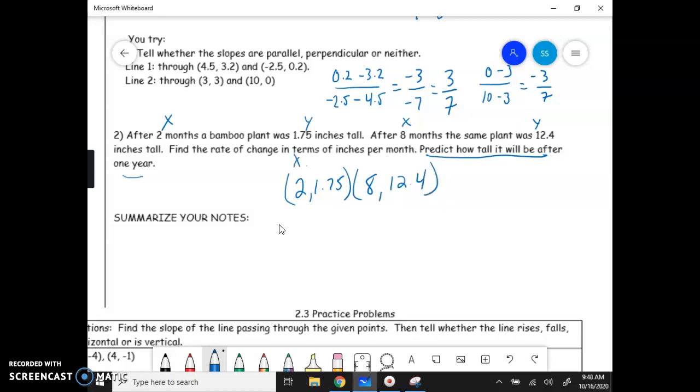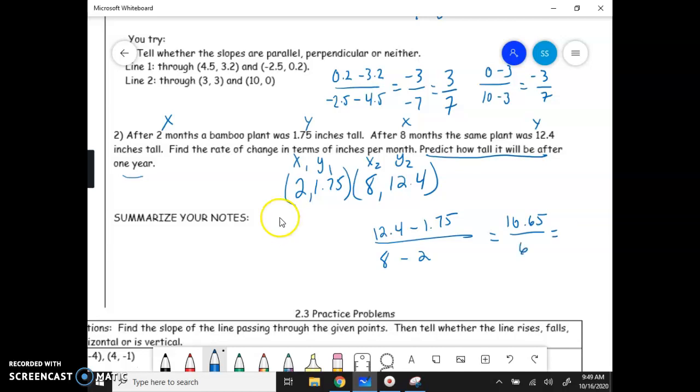Again, x1, y1, x2, y2. Just follow the formula. We do the change in y first, so y2 minus y1 over x2 minus x1, and we get 10.65 over 8 minus 2, which is 6.